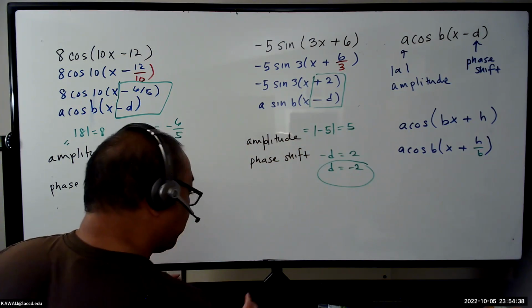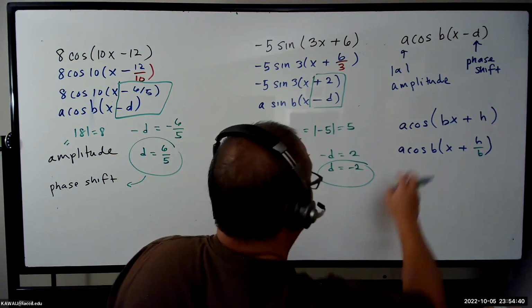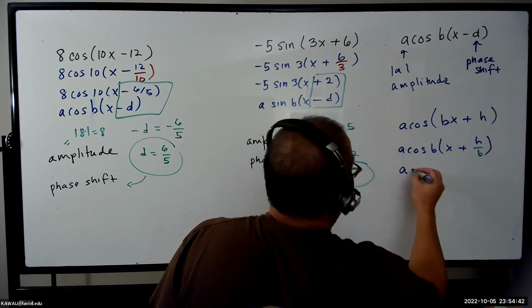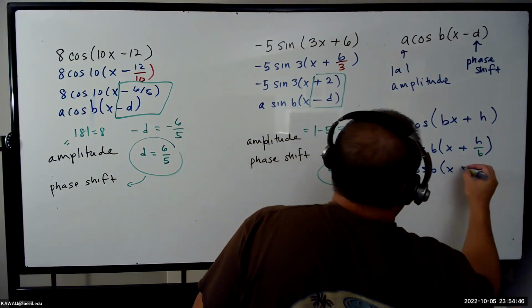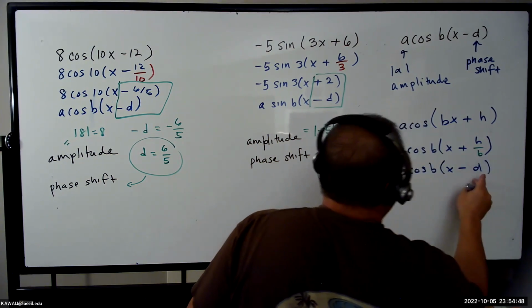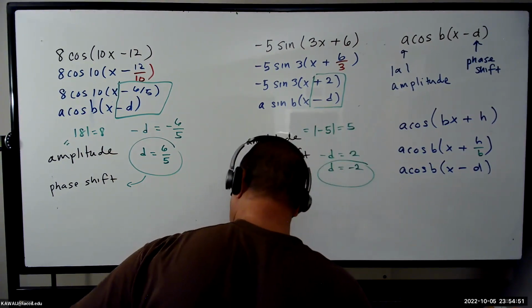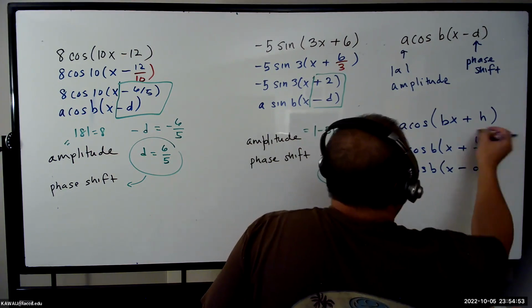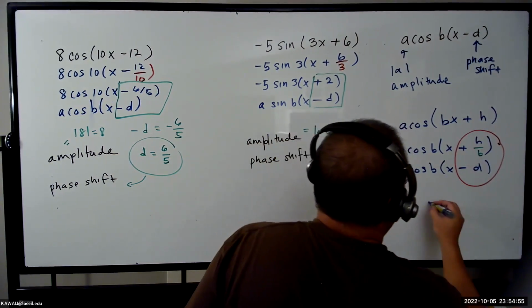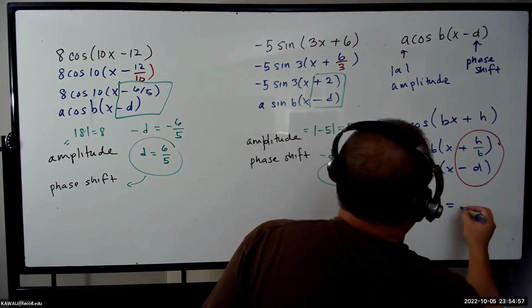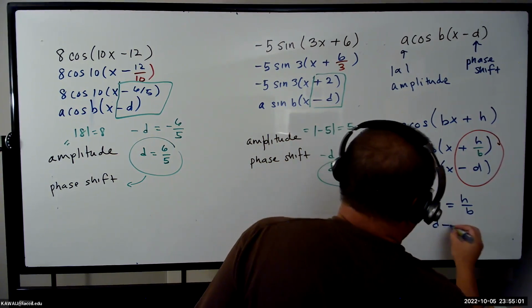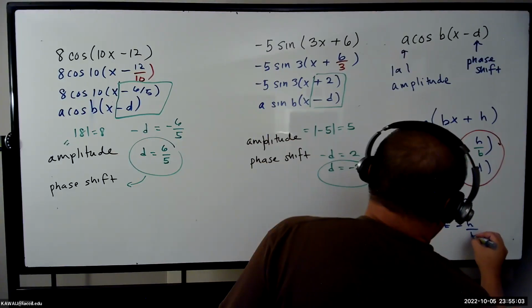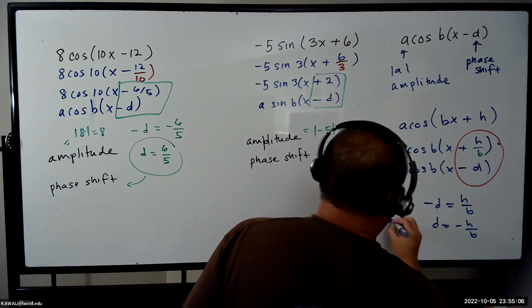Now, let's remember, when we compare it to this up here, A cosine B X minus D, that's my phase shift. So let's make these equal. So I get minus D is equal to H over B. So D is equal to minus H over B. This is the phase shift.